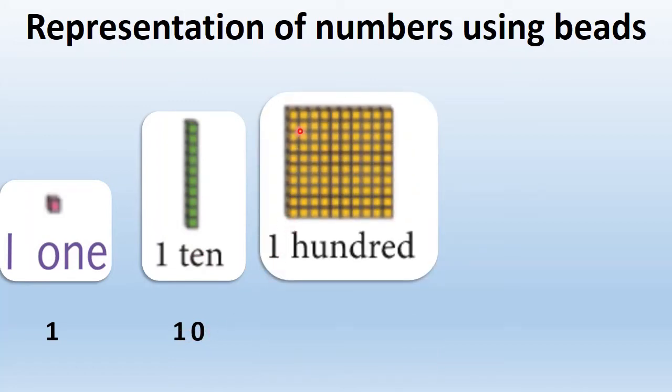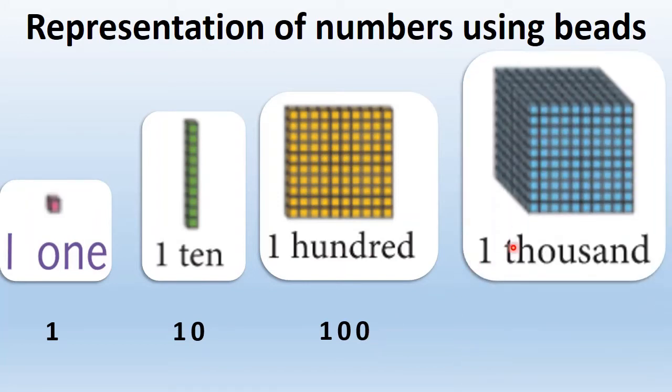And this is a panel or plate of beads in which there will be 100 beads, which represents the number 100. The new thing that we learned today through this video is this is a block or cube of beads in which there will be 1000 beads, and hence this represents the number 1000.